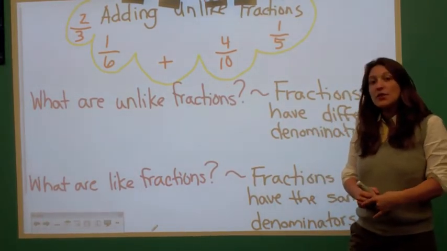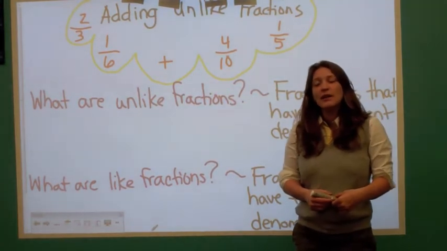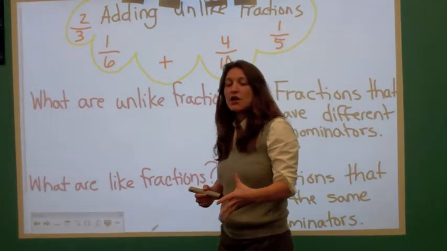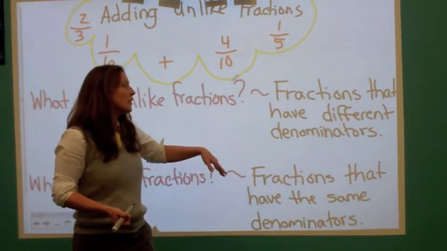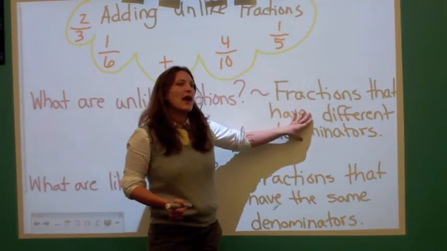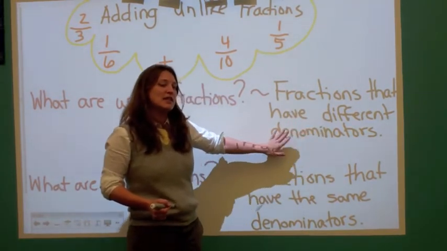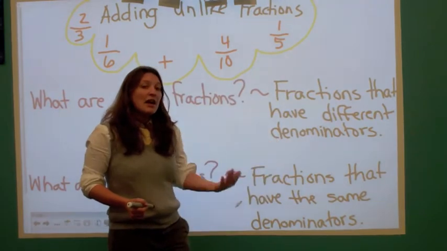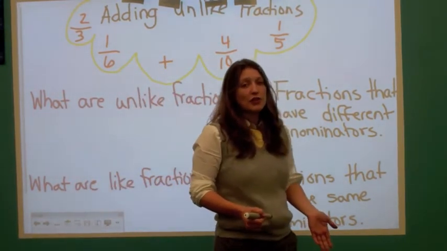So in order to do that, we have to understand what unlike fractions are. Unlike fractions are fractions that have different numbers in the denominator. So if you're looking at two different fractions, both fractions have two different numbers in the denominator. The opposite of an unlike fraction are like fractions.